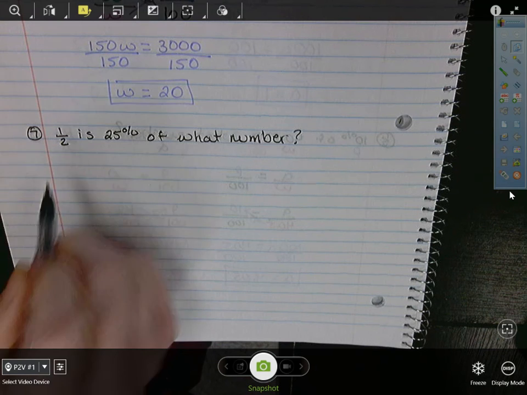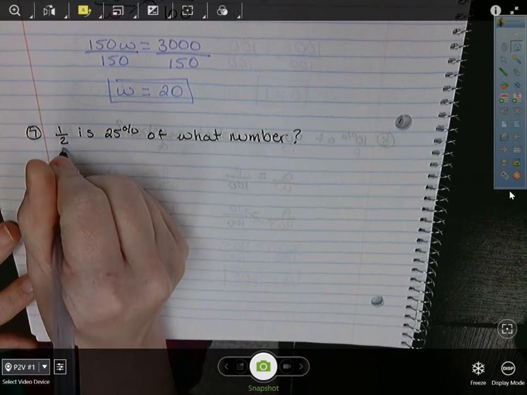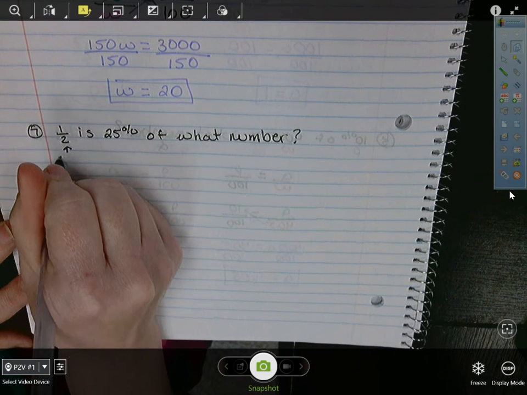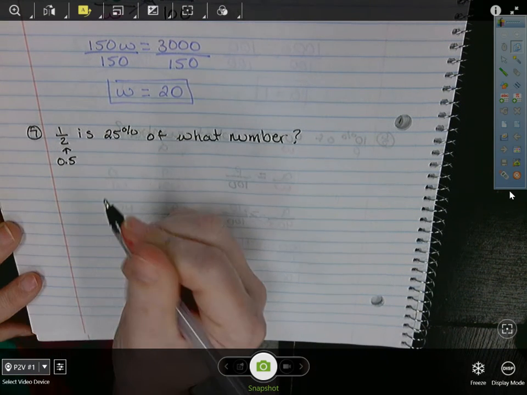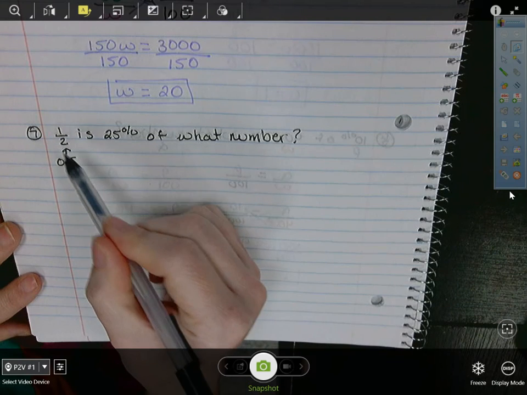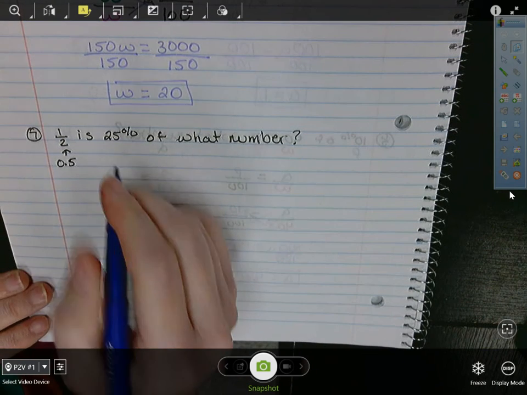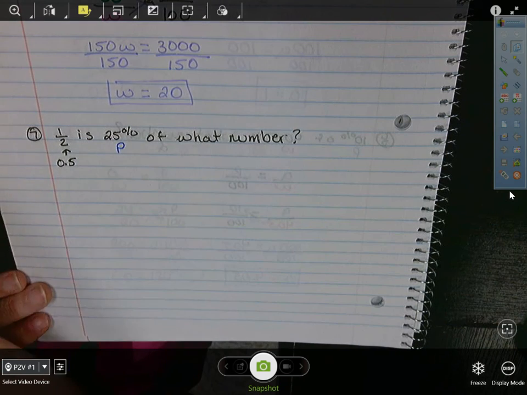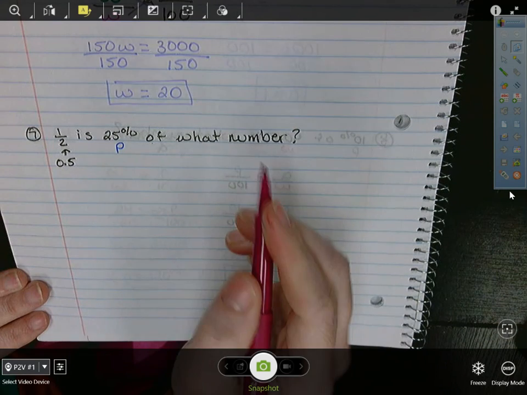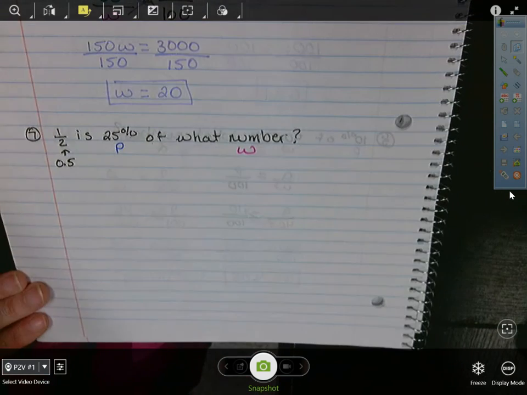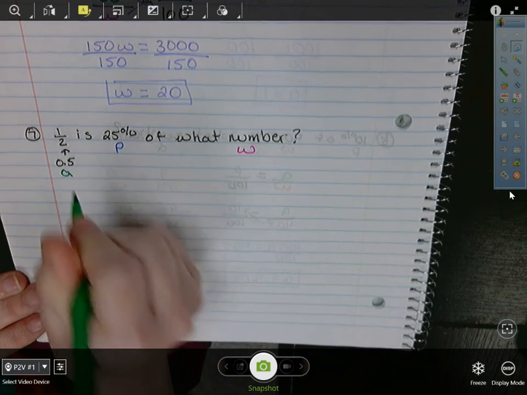So I'm going to change this number here to a decimal. So 1/2 changed to a decimal would be 0.5. And to find that, you would just type in 1 divided by 2, and it gives you 0.5. All right, so this says 25%, so I know that's my P. This says of what number, so I know that's my whole. And that leaves this one to be the part, A.